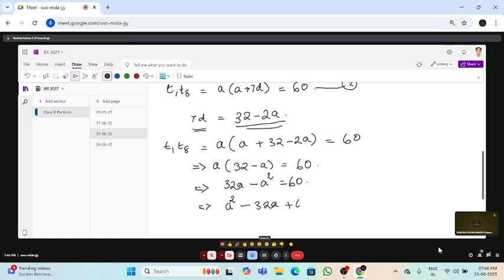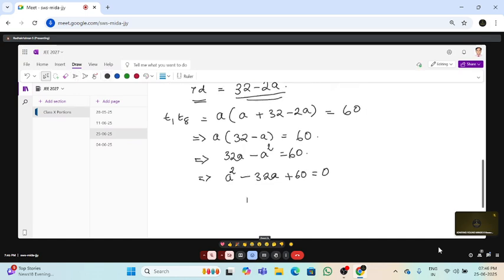So I'm taking everything to the right side. So that means A square minus 32A plus 60 equal to 0.